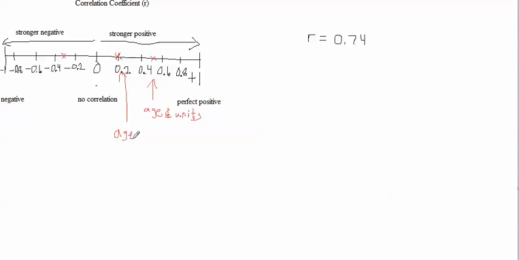The correlation between age and units was a stronger positive correlation than the correlation between units and children, because this correlation came out closer to 1, and this one came out closer to 0. The one that comes out closer to positive 1 is stronger.